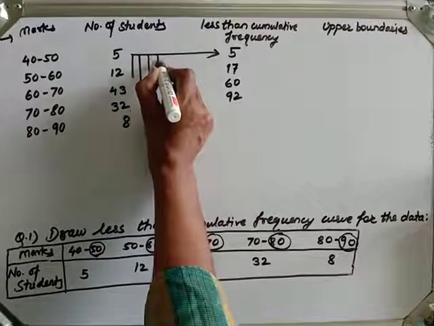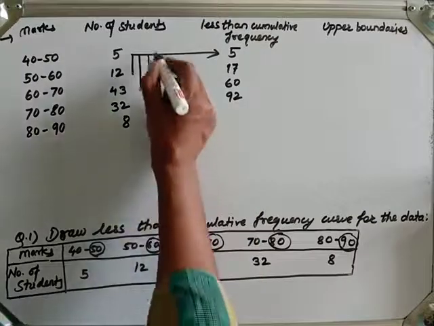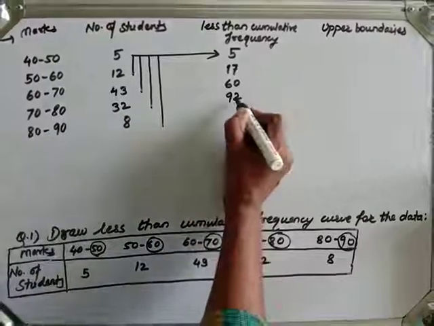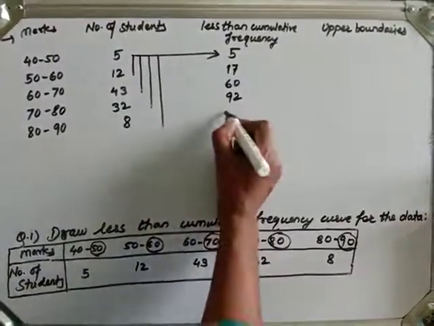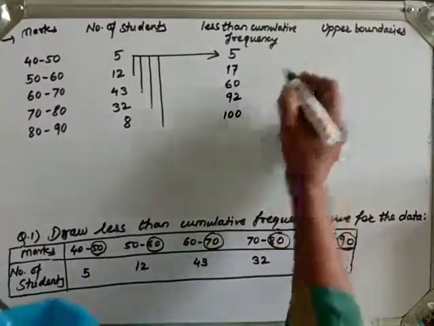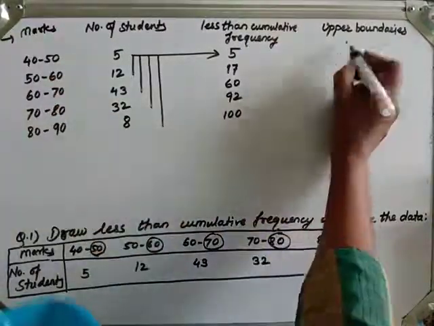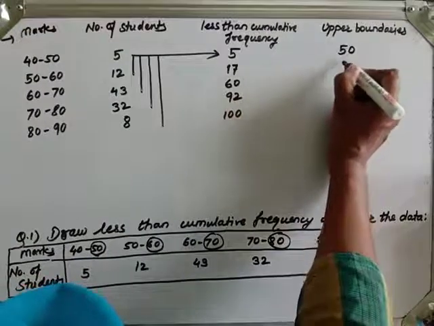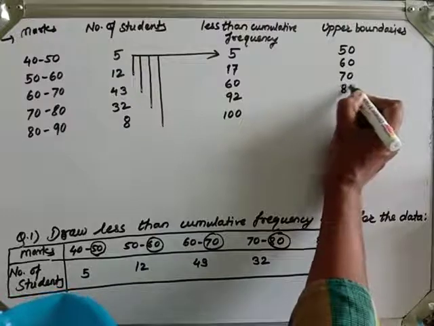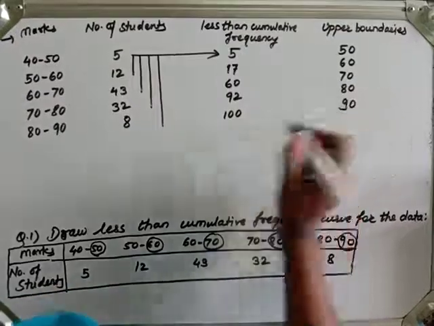For the last, 92 plus 8, so it is 100. The upper boundaries of these classes are 50, 60, 70, 80 and 90.